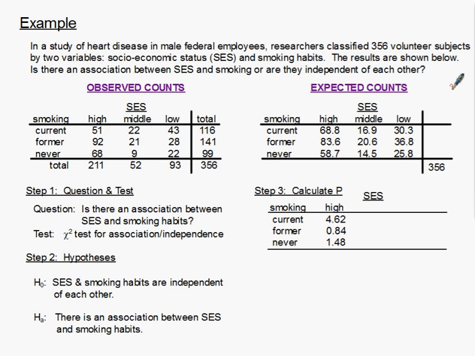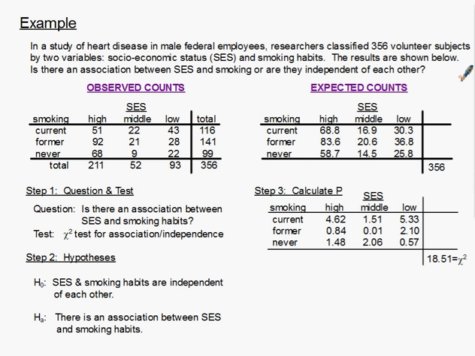Then I'll move on to the middle socioeconomic status, do the same thing with all those values, get those chi-squared components, move on to the low socioeconomic status, and get all those. If we add them all up, we get 18.51, which is our chi-squared statistic.